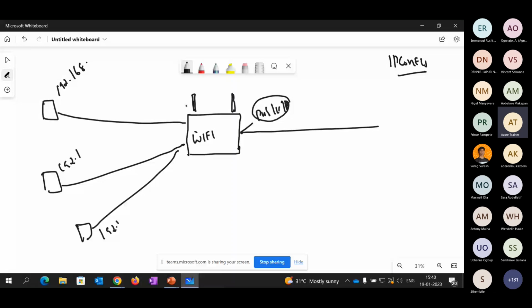You may be able to see some difference over here.